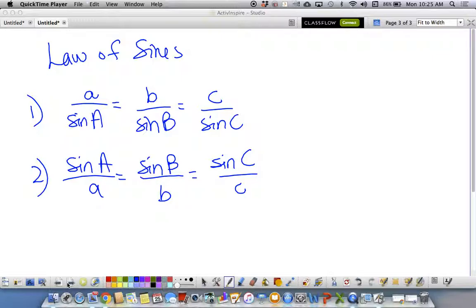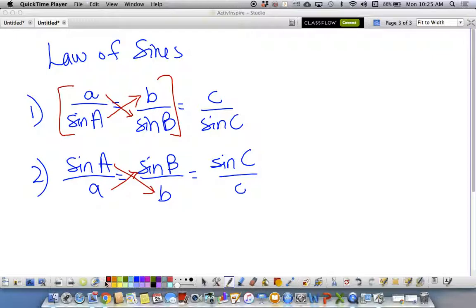Because if you were to take 2 and cross multiply, either way you're doing B times sine A, B times sine A. It works both ways, and they're equal. Keep the sine of the angle with that side, angle A.